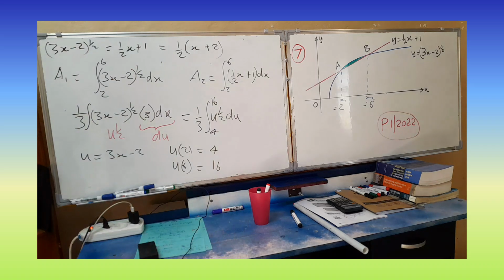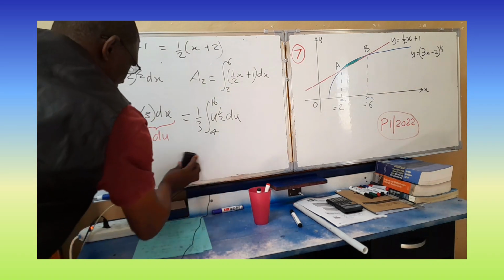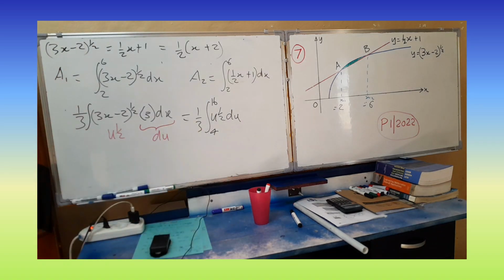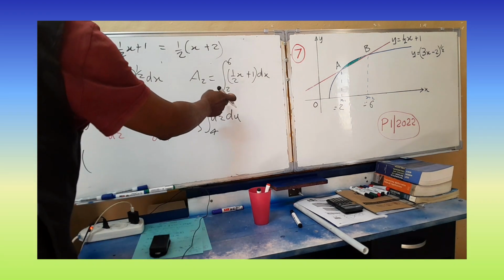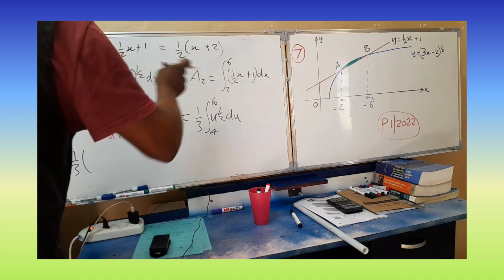Okay? So let's clear some space here. This, of course, becomes power rule there. We have 1/3 outside, multiplied by, we raise the power by 1, it becomes 3/2. So we divide by the new power, it becomes 2/3.